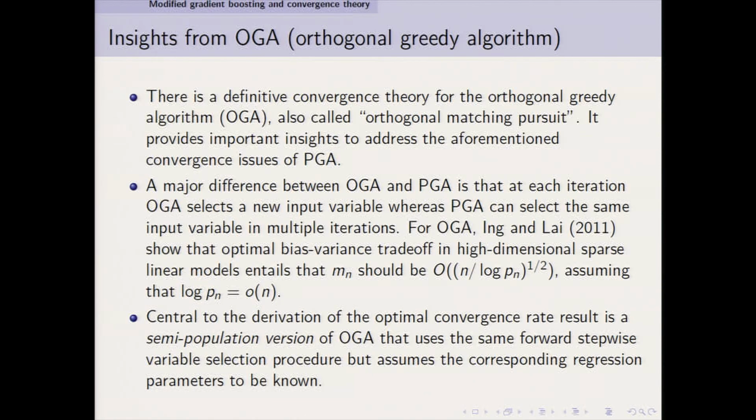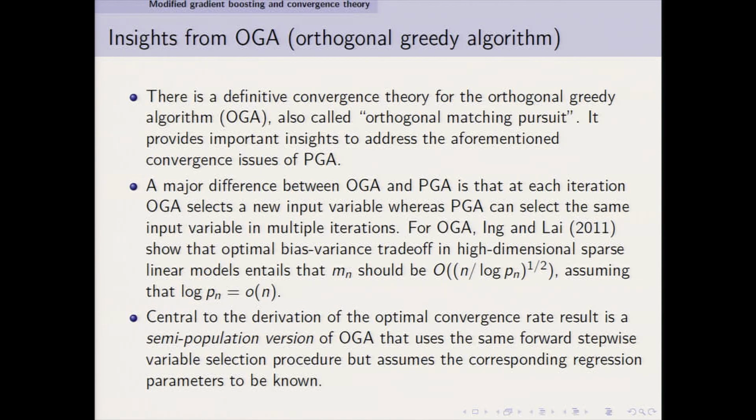Central to the derivation of this optimal convergence rate is an OGA that uses the same forward stepwise variable selection procedure but assumes the corresponding regression parameters to be known. I will come back to this.